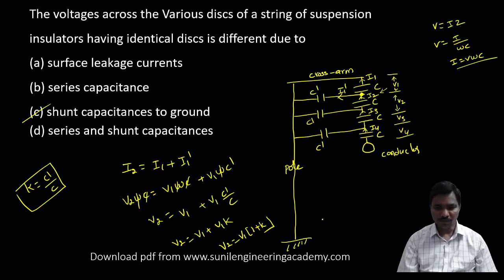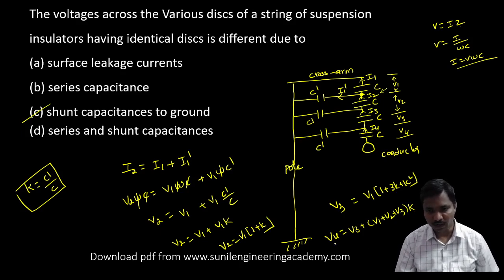In the same way, V3 is equal to V1 into (1 plus 3K plus K square). Similarly, V4 is equal to V3 plus (V1 plus V2 plus V3) into K. So we have these voltages.